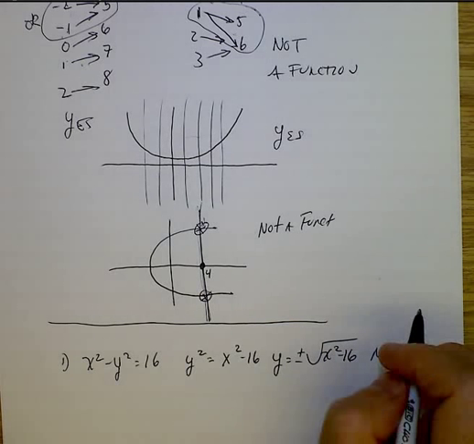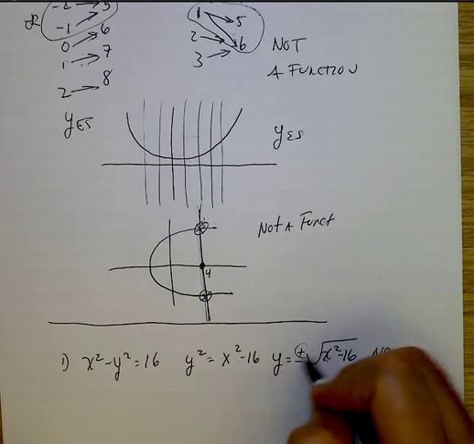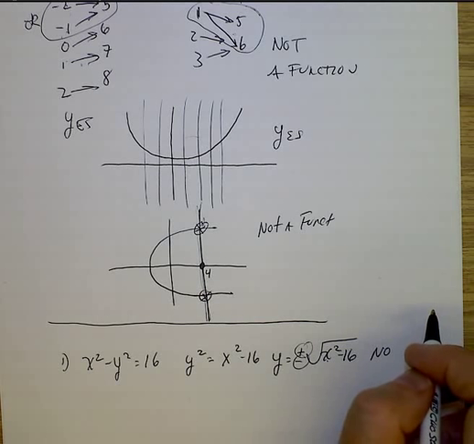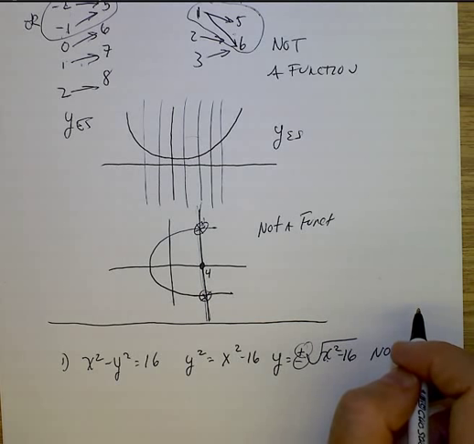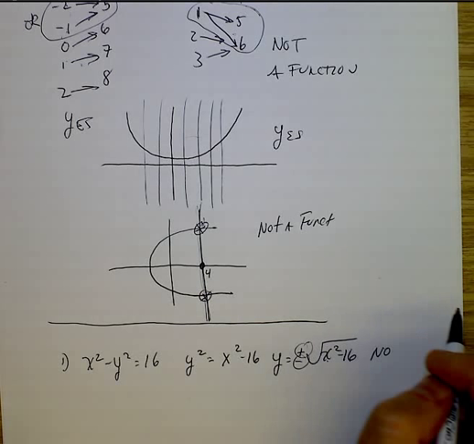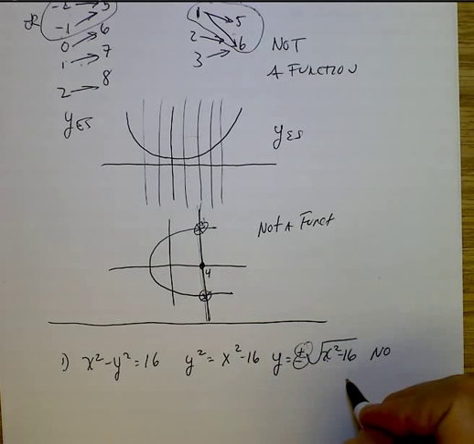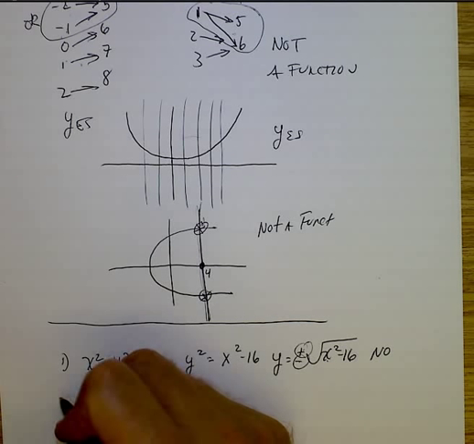The reason is because for each value of x, you're going to have a plus answer and a minus answer because it's plus or minus. So typically when you see a y squared in the equation, it is not a function. Because in order to isolate the y, you're going to have to take the square root of both sides. To go from y squared to y, you're going to take square root. When you take square root, you have a plus or minus answer. So in this case, it's not a function.